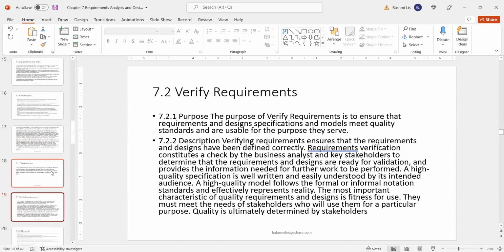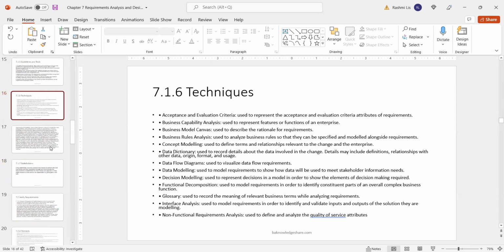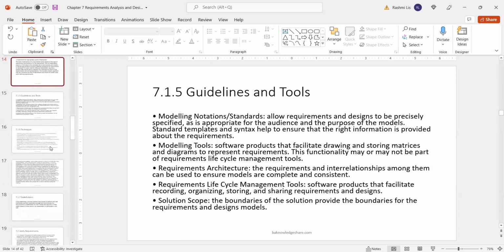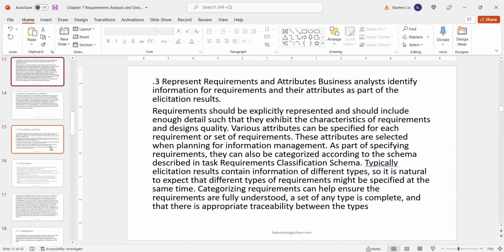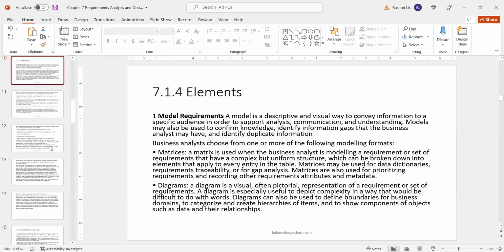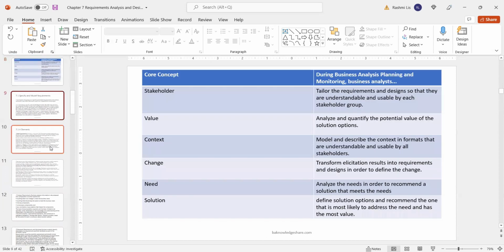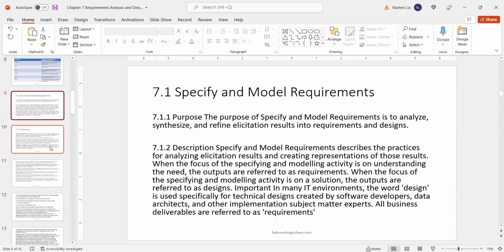So before we move to the next episode, I just wanted to look at this task from the eyes of Amanda. And remember, Amanda is our business analyst who has been hired to move a pizza restaurant from a brick and mortar store to an online store. In this case, she's already elicited and gathered her requirements, and she is looking forward to specifying and modeling the requirements.